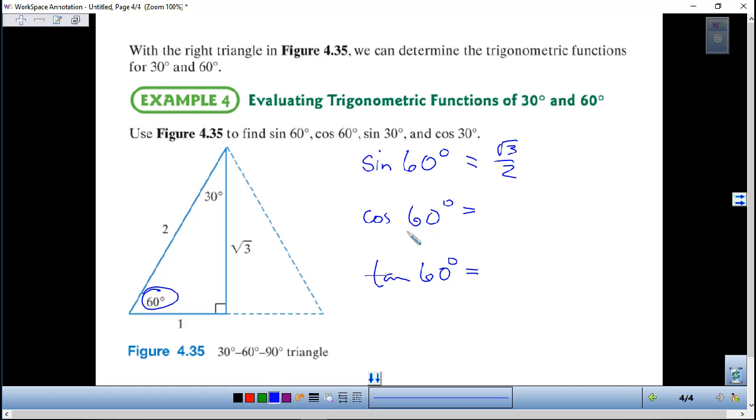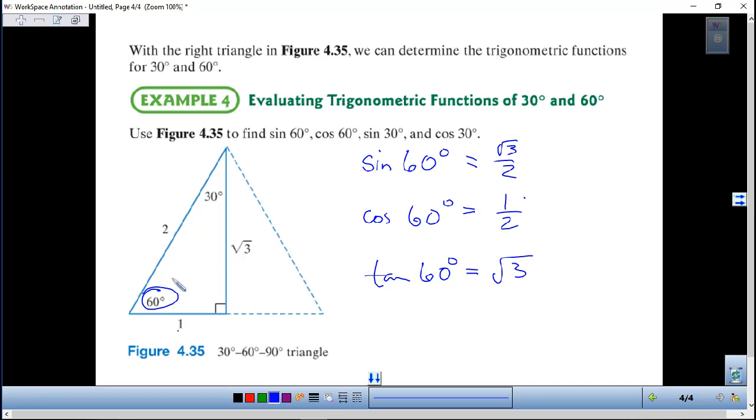The cosine of 60 is adjacent over hypotenuse, and that's just going to be 1/2. And the tangent of 60 is the square root of 3 opposite over 1 adjacent, or just the square root of 3.